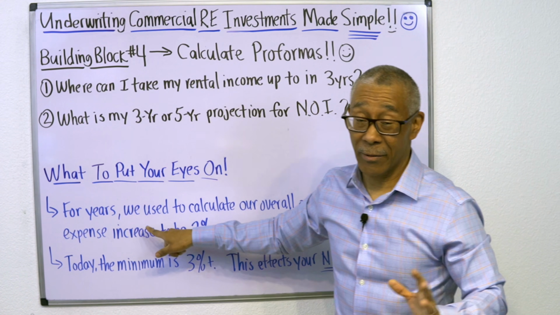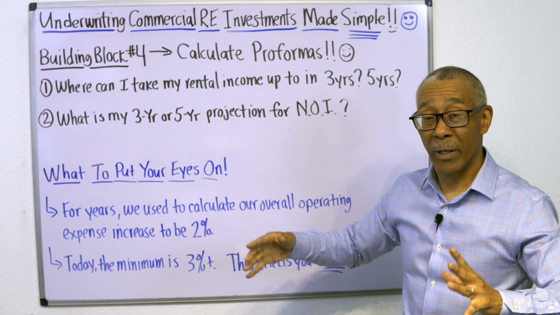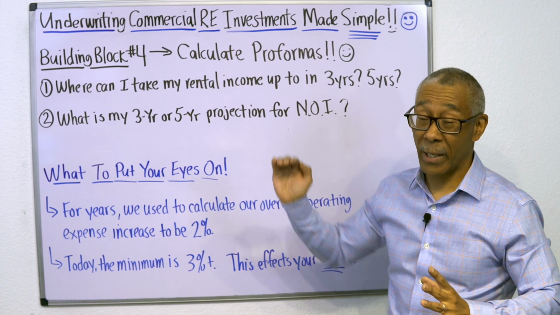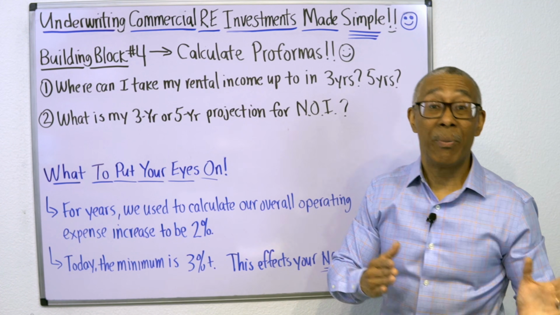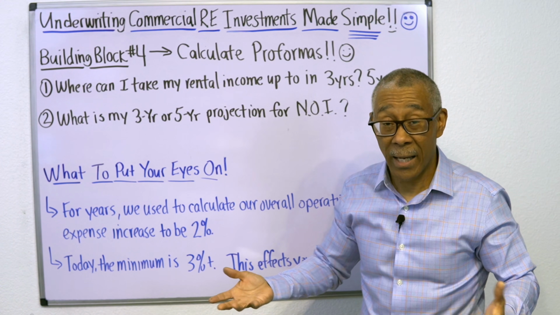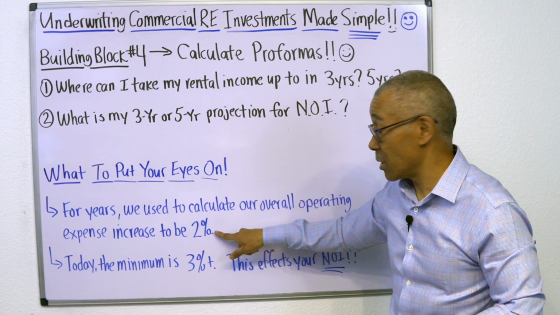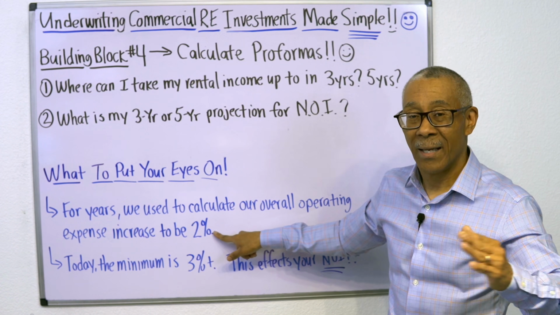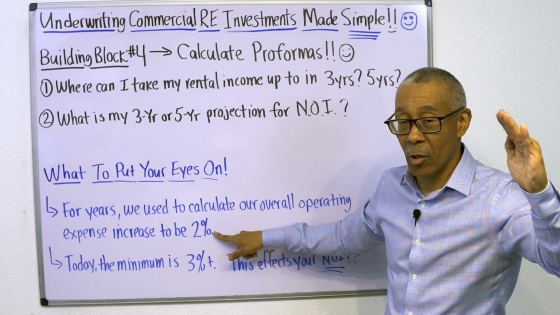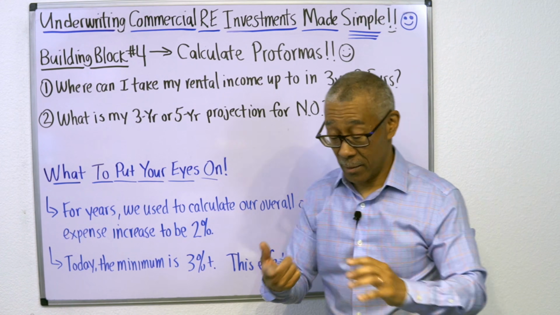And here's what you have to put your eyes on though. For years, when we run deals, when our students run deals through us, when we increase the income, we also have to put in an increase on expenses because it just happens. For many years, we've been using an automatic 2% no matter what, because expenses are going to go up. Well, guess what?